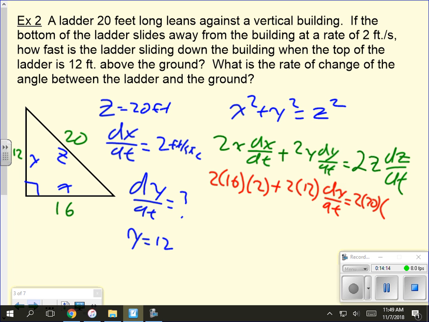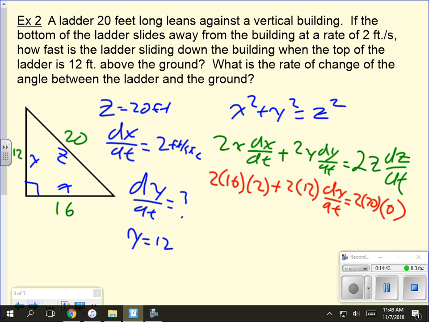It's 0. This is not a collapsing ladder. The ladder is one solid 20-foot ladder. It is not a collapsing ladder. We're not dealing with Chevy Chase hanging the lights on the house with the ladder slides down on it. That's a whole different problem. So dz dt is 0 because the ladder itself is not changing length. That adds a whole other dimension to the problem that you don't want to deal with.